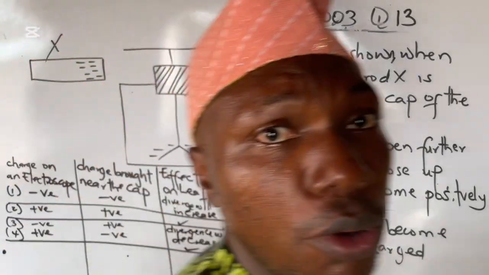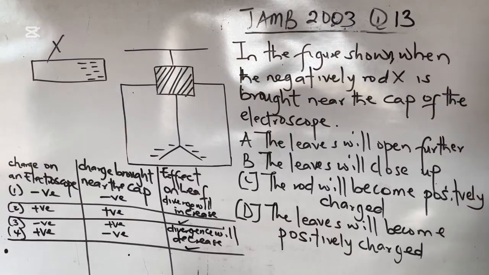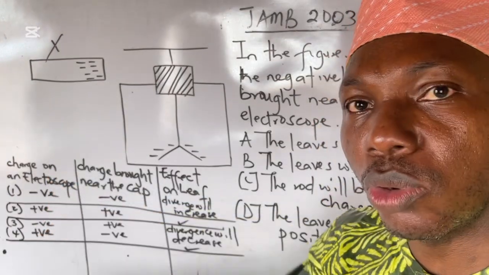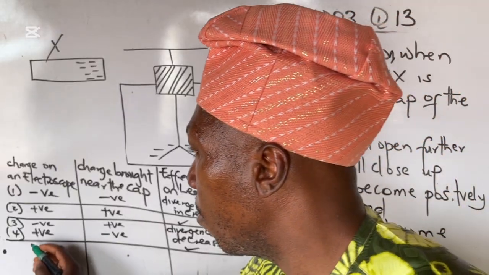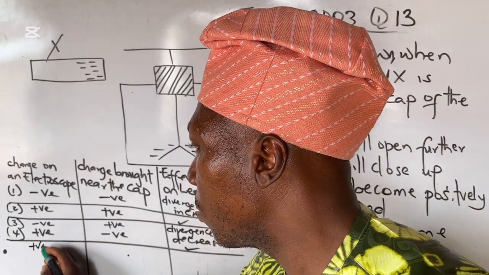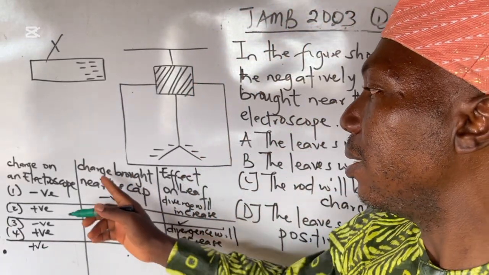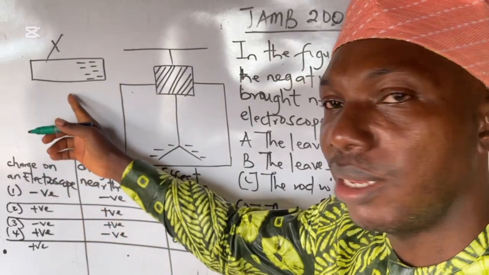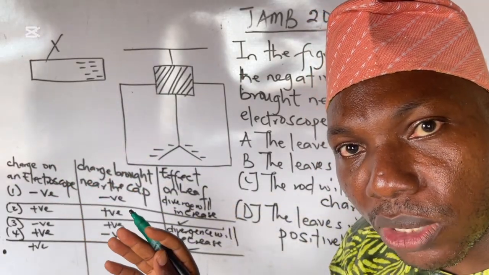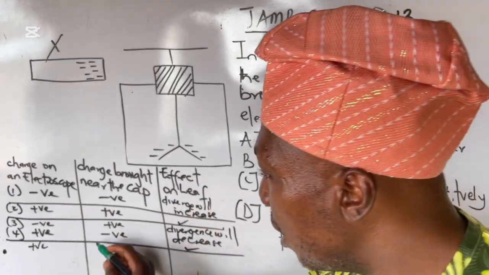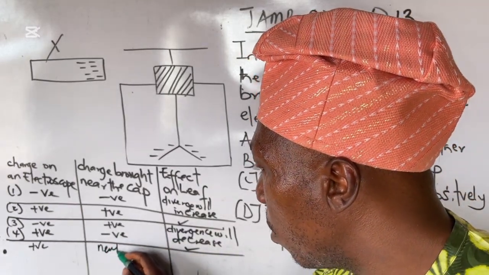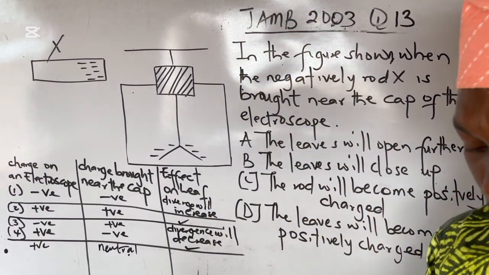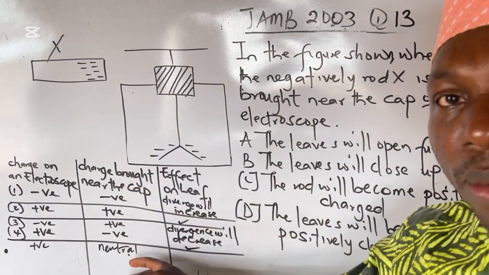The last scenario which I want to mention is when the charge on an electroscope is positive and a neutral body, not positively charged, not negatively charged, we call it a neutral body, is brought near this cap.